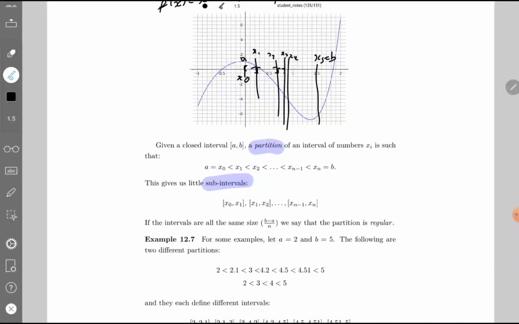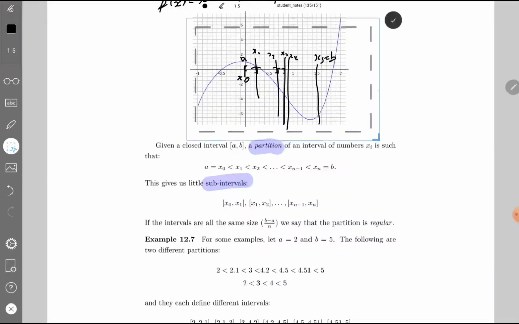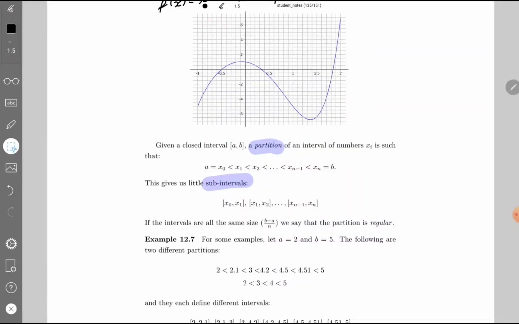In this case these are not intervals of the same size. Let me delete this. If our intervals are the same size, say I'm doing 0, 0.5, 1, and 1.5, notice how these are all the same distance.